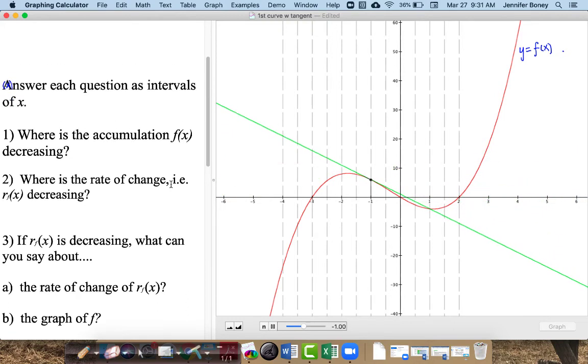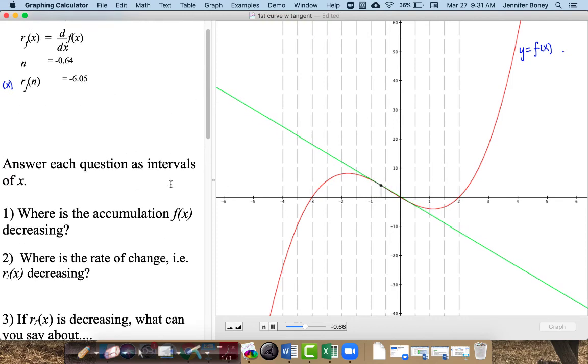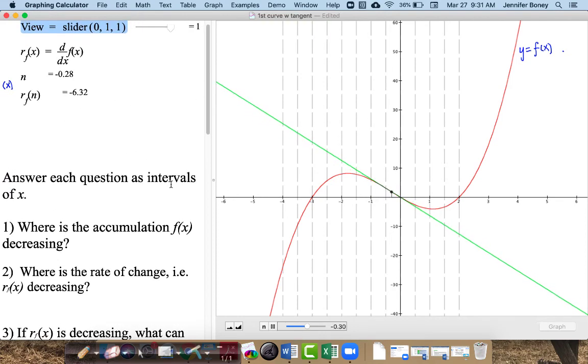I'm going to scoot this back down so you can see the rate function values. So those are two different questions. Where's the accumulation, where's f of x decreasing, versus where's the rate of change, r sub f of x, decreasing? And if you want to add on a couple more questions, also list where each of them is increasing.